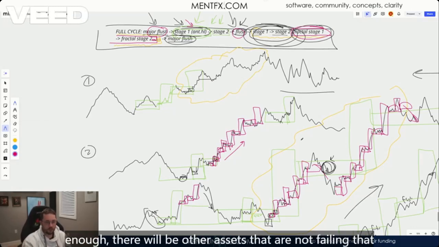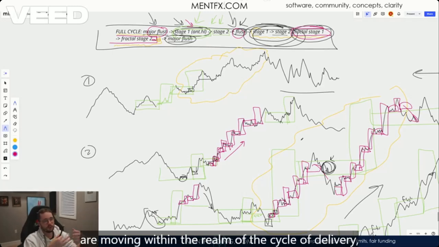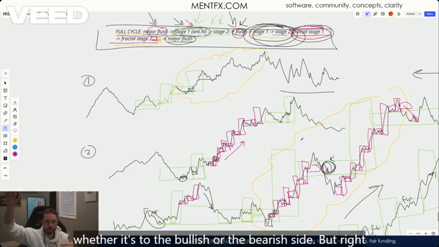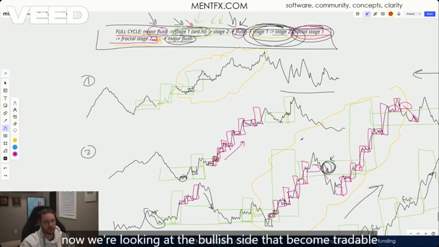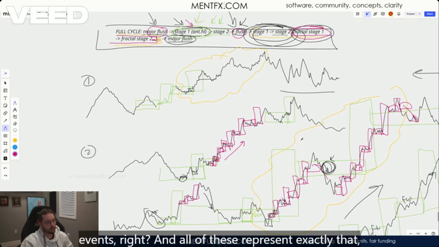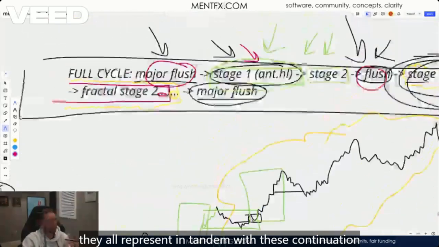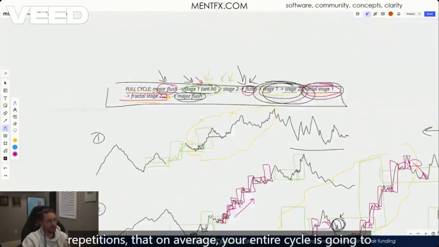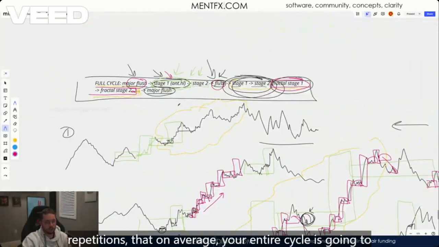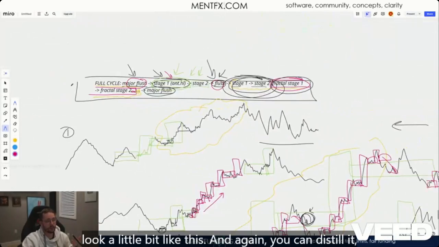But beautifully enough, there will be other assets that are not failing, that are moving within the realm of the cycle of delivery, whether it's to the bullish or the bearish side. Right now we're looking at the bullish side, and those become tradable events. All of these represent exactly that. They all represent that same snowflake delivery, and in tandem with these continuation repetitions, on average your entire cycle is going to look a little bit like this.